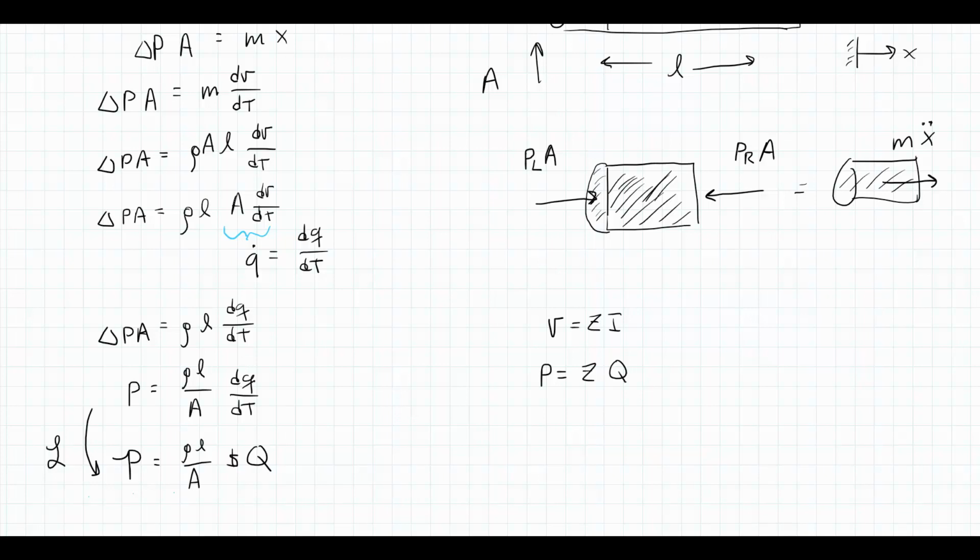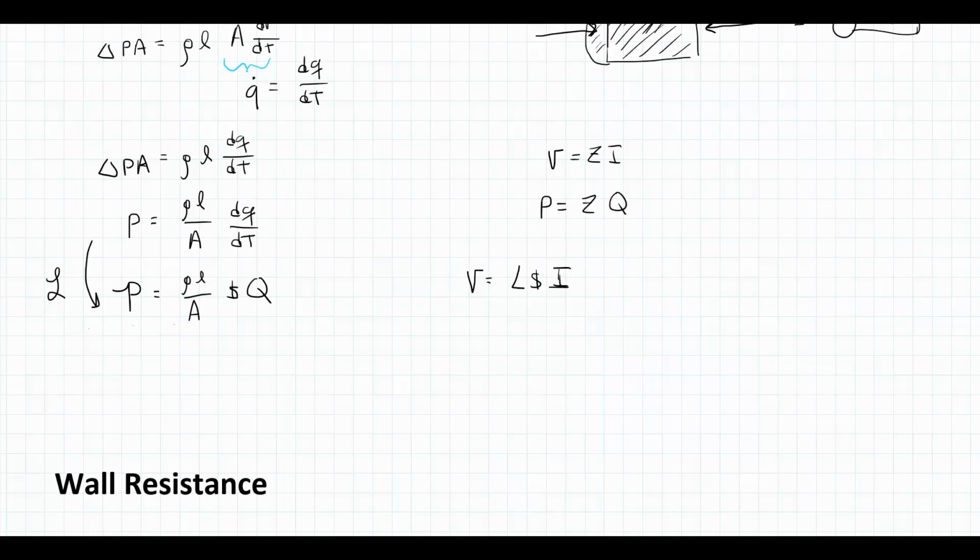This looks like, in the electrical world, the relationship for an inductor, where the voltage was equal to Ls times the current. So what we are looking for is, what's the equivalent inductance? Well, it's going to be fairly straightforward. When we look at this, we have this rho L over A, and now that is in this same form.